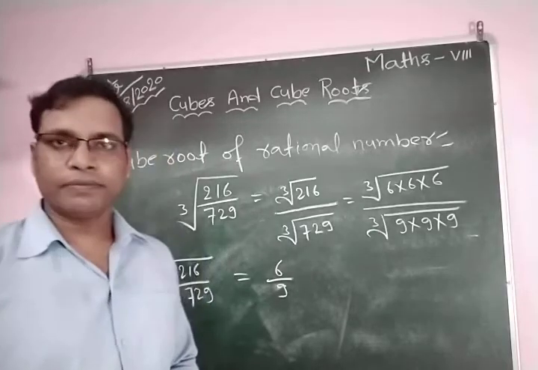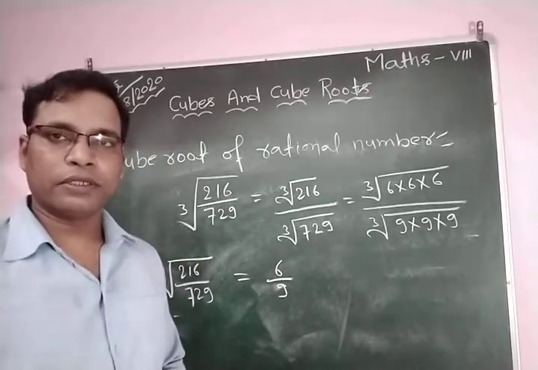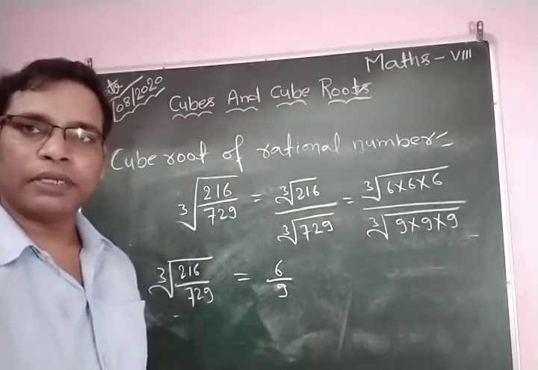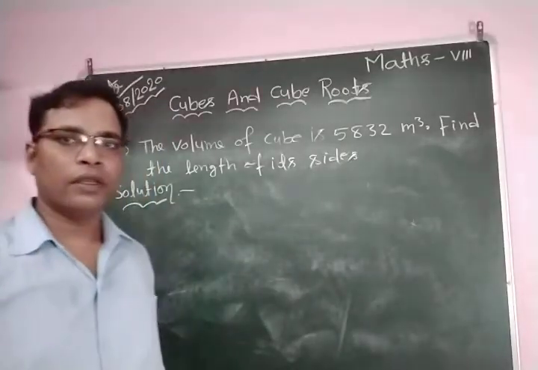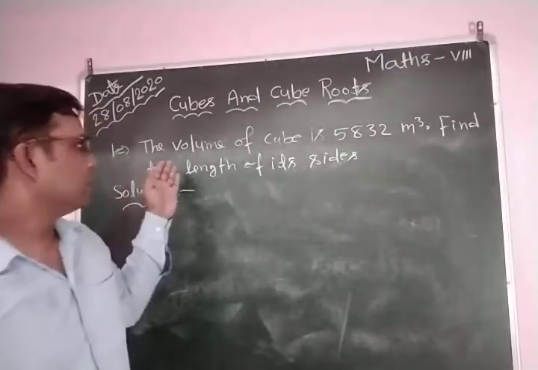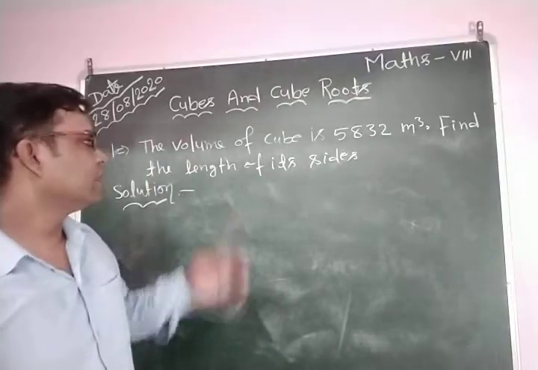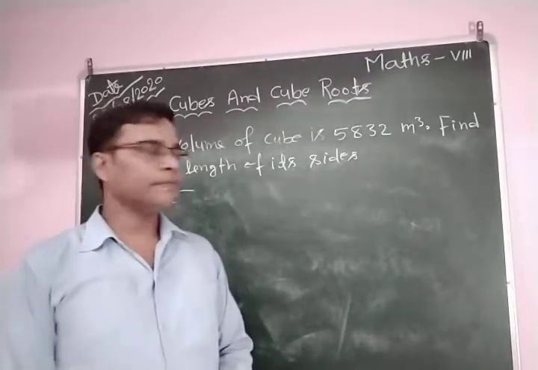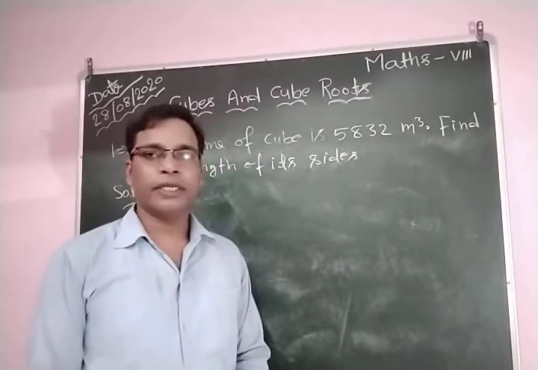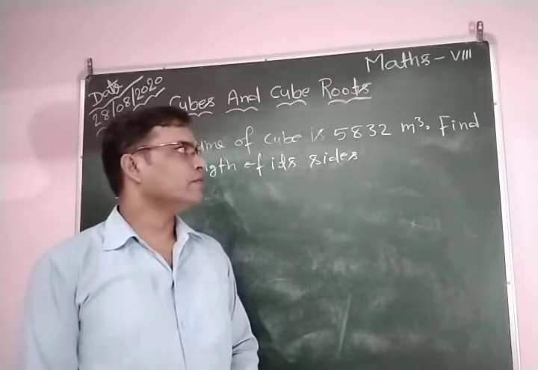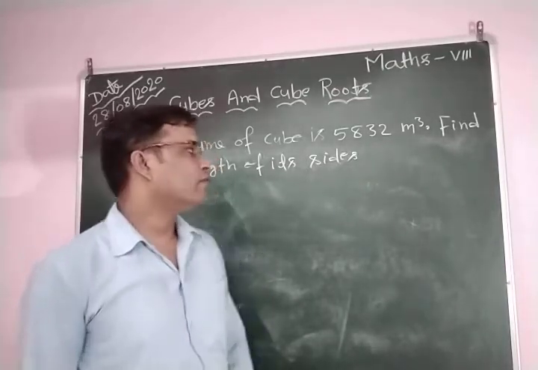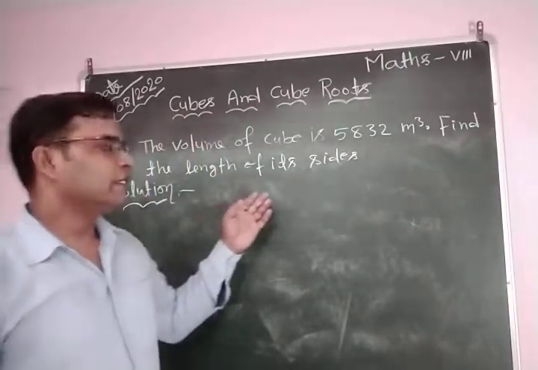Now take some other example to solve the cube root of given numbers. Students, one question here. You can see the volume of a cube is given, 5832 meter cube. Find the length of its sides.